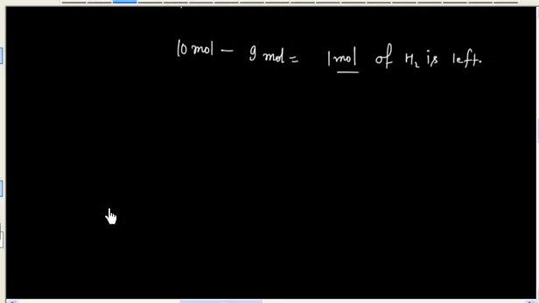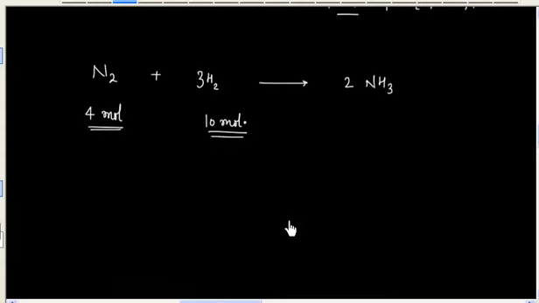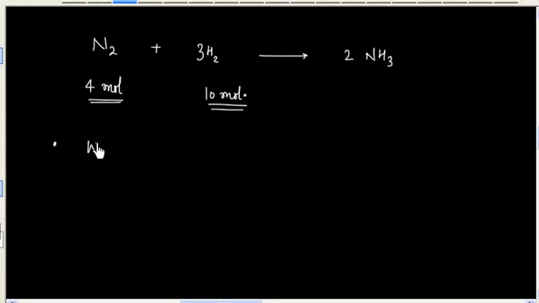Now let us do the same problem once again, but this time initially we have 4 mole of nitrogen and 10 mole of hydrogen, and the question is, which reagent is the limiting reagent?